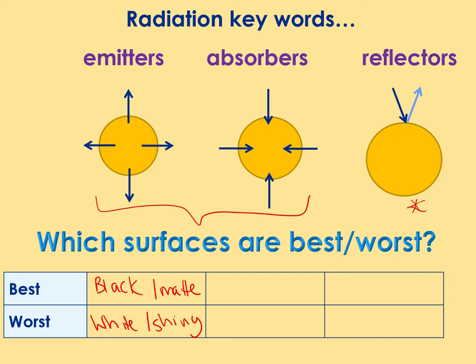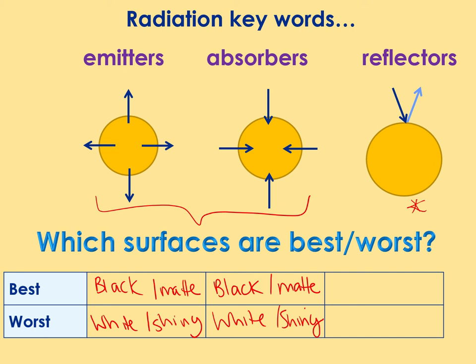In terms of absorbers, again, the best are black and matte surfaces. The worst are white and shiny. So those ones are quite easy to remember, because if you think about being out on a hot summer's day when the sun is shining, what colour would you not want to wear? Black, because it would absorb a lot of the sun's radiation.